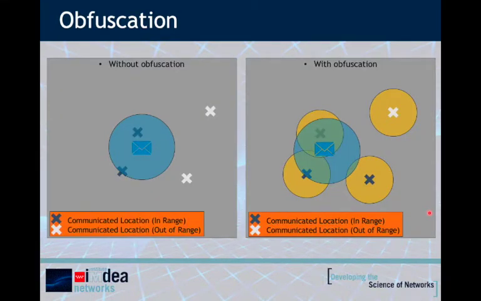In this example, on the left, without any obfuscation, the blue message is going to be sent only to the two vehicles that are in the appropriate location, because the location is completely known.